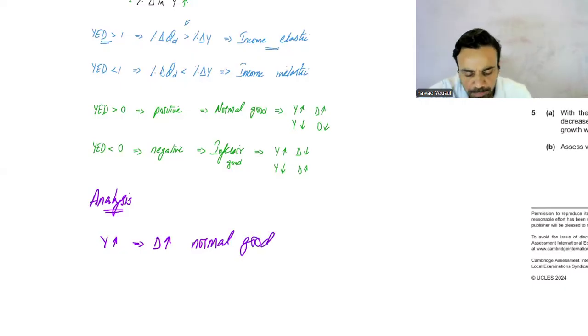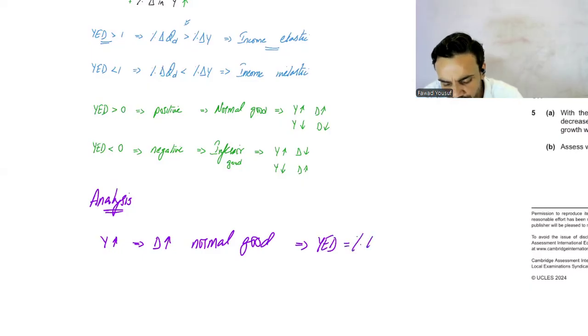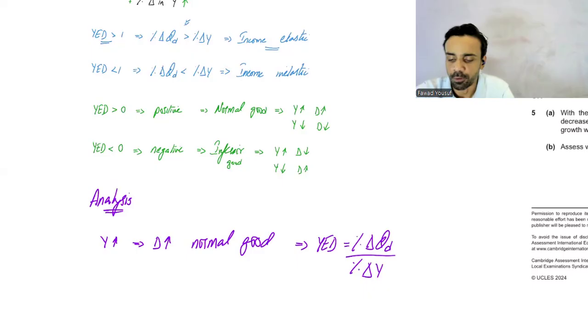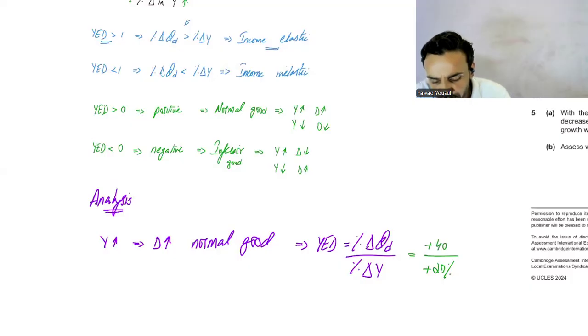Because in the case of normal goods, let me use my formula over here. You know how my formula is: YED equals percentage change in quantity demanded over percentage change in income. So I'll explain it using my formula, and I'll say that if my income goes up by, say, 20% and the demand for the good rises by 40%, I will get a value of +2.